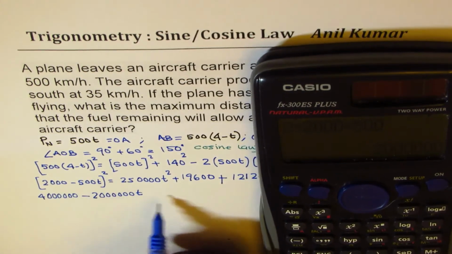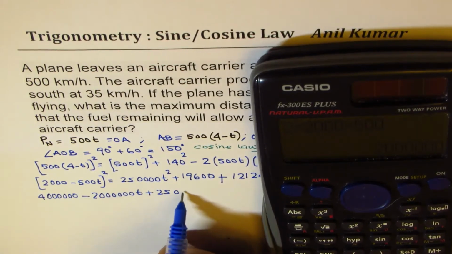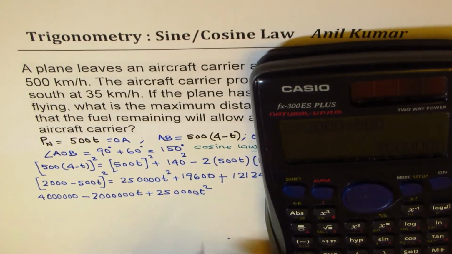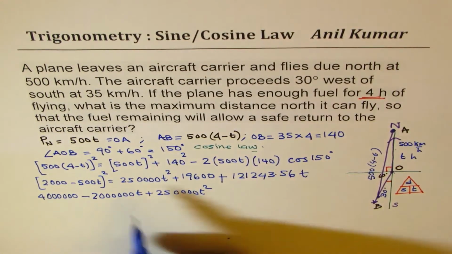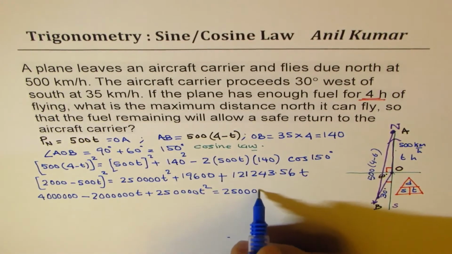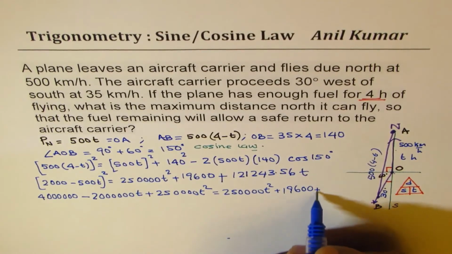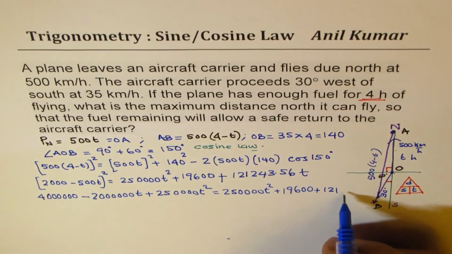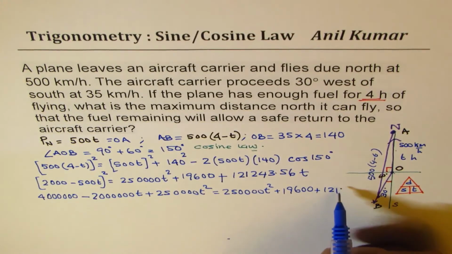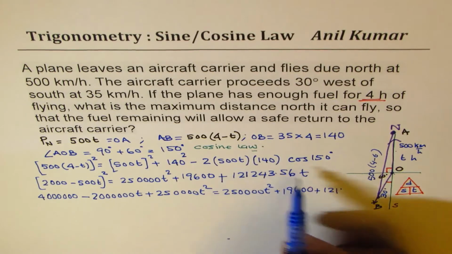Plus square of this, which is 25, 4 zeros, t square, right? And on the right side, which is 25, 4 zeros, t square plus 196, 2 zeros plus 121,243.56.